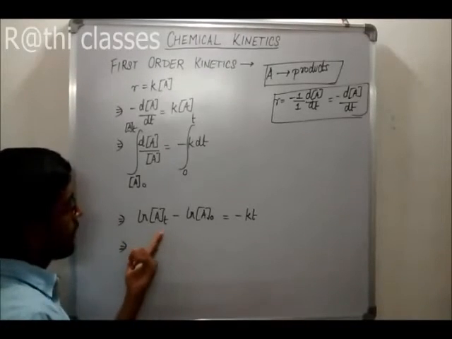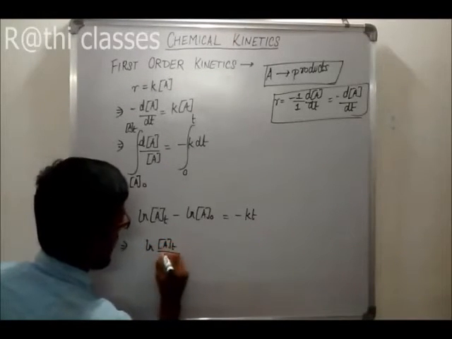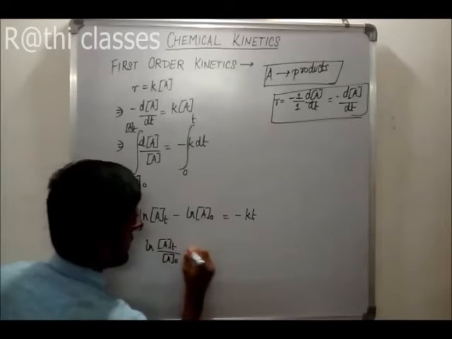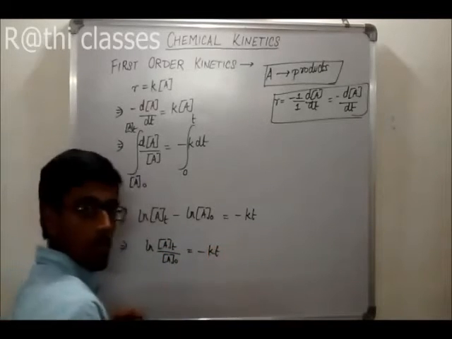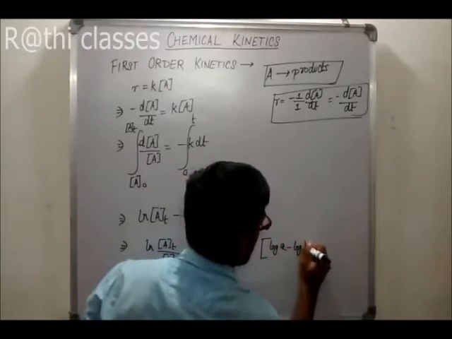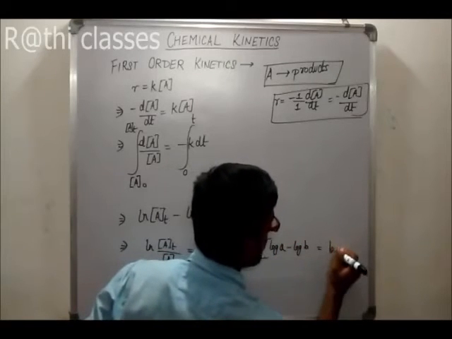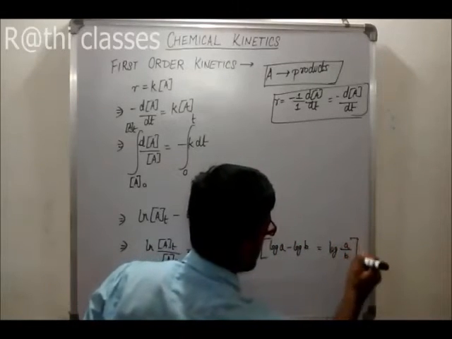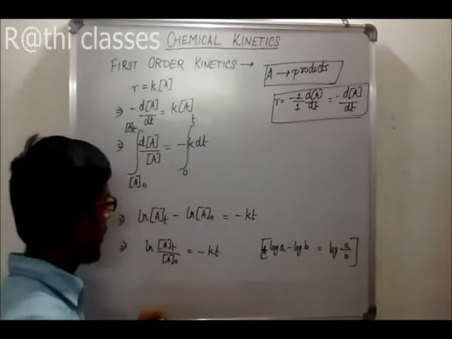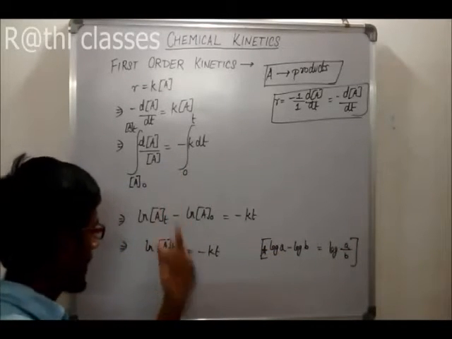Or using the property of log, which says log A minus log B is equal to log A upon B, I can write it as ln At by A naught is equal to minus Kt.